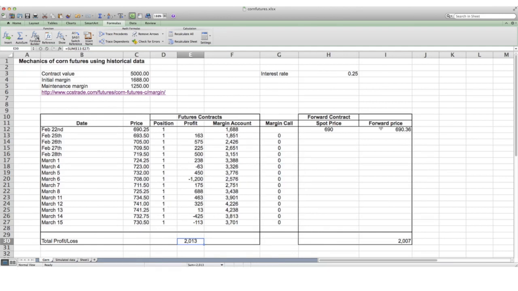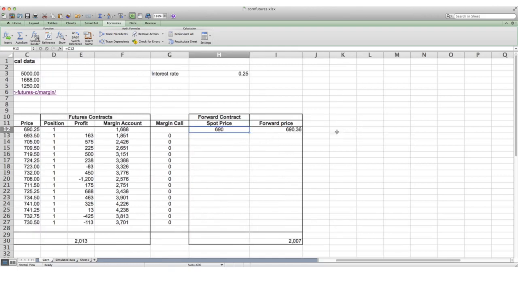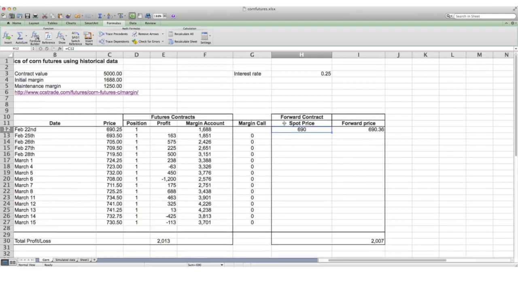Here, we're talking about what would happen if there is a forward contract instead of a futures contract. The current corn price, not the futures price, was $690 on February 22nd. So the forward price is going to be 690 times the interest divided by 100, and I took the interest rate to be 20.25%, times the difference in the date divided by 250 in order to convert it into an annual number.